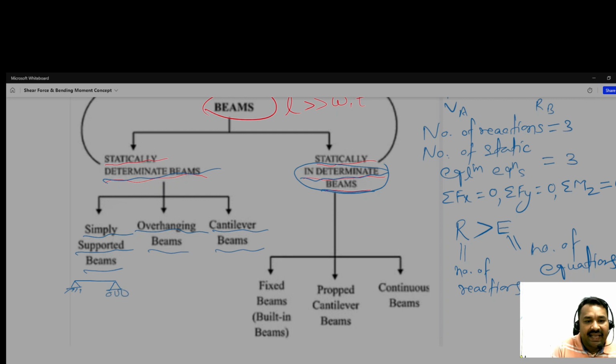For the overhanging beam, suppose this is the beam with one hinge here and a roller here, and part of the beam is not supported, so it is known as an overhanging beam. In the cantilever beam, one end is fixed, and the other end, suppose A is fixed and B is free.